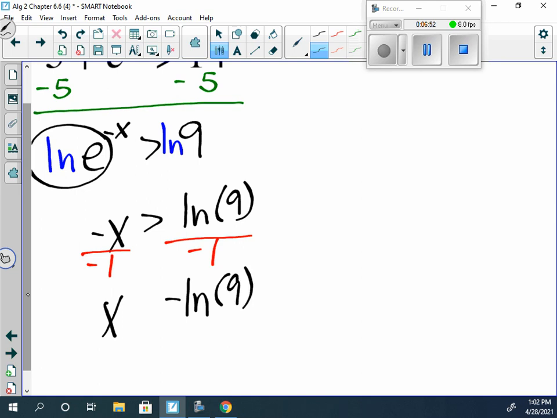And our inequality symbol would be flipped, because anytime we multiply or divide by a negative, we have to change the sign. We have to flip it. And that's it. That's all we have to do for this one.